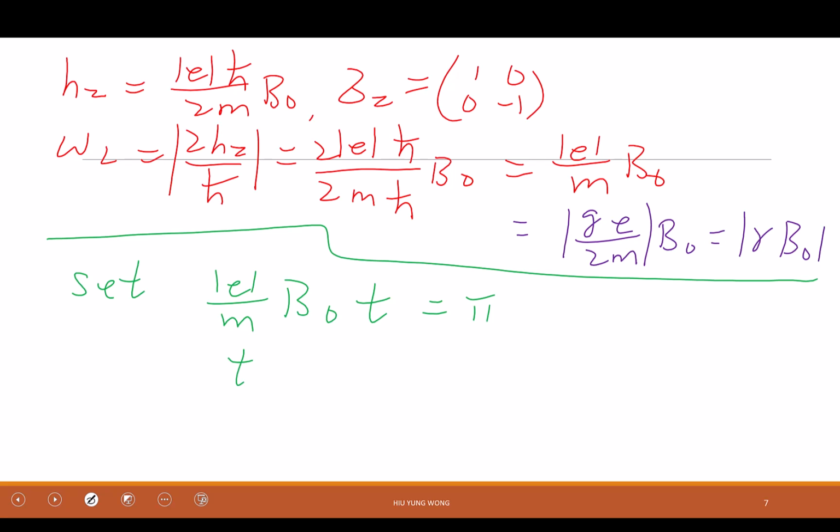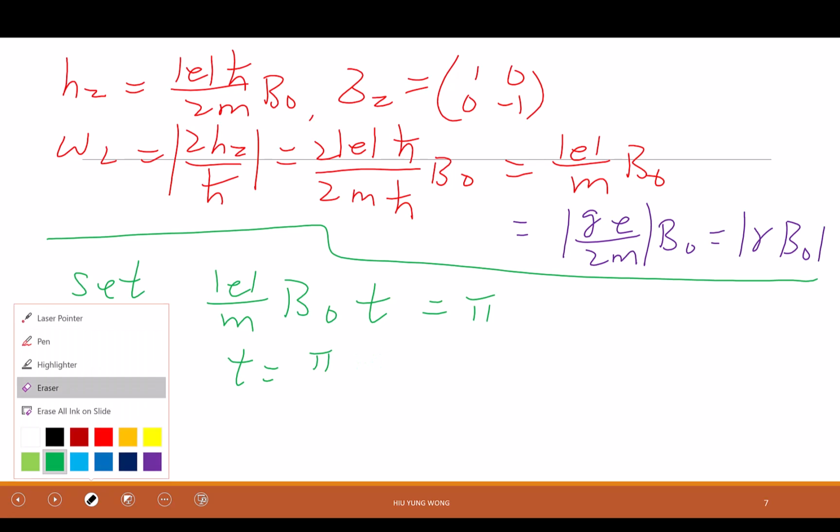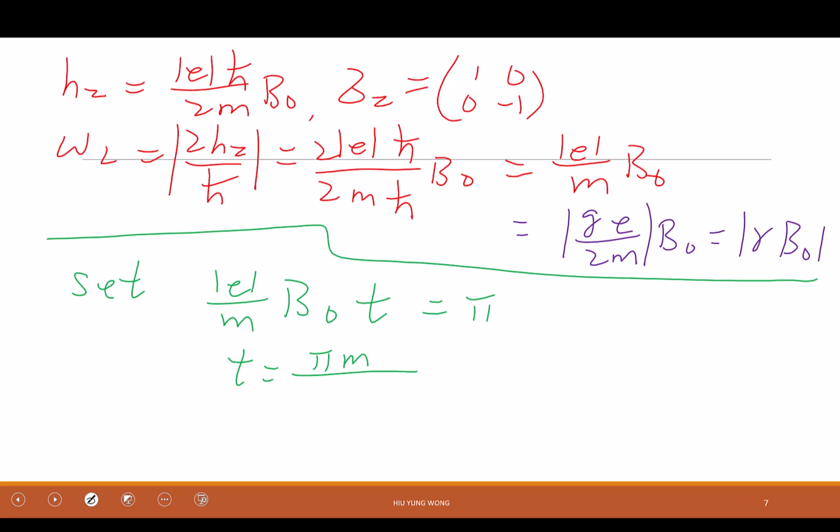That means if you apply the vertical magnetic field for a time equal to pi m divided by e B0, then you get a Z gate.